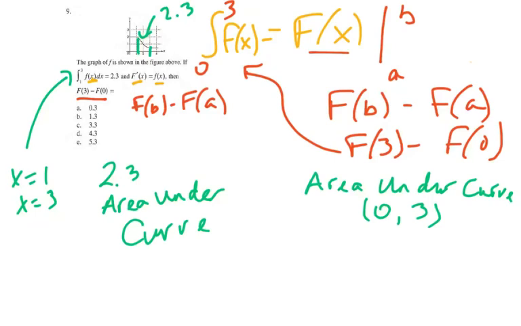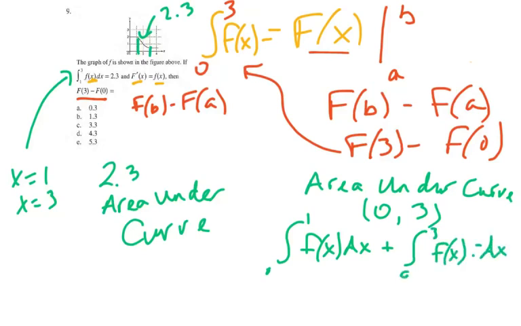So I need to find the area under the curve from 0 to 1, because I already know the area under the curve from 1 to 3 is 2.3. That was the information they gave us, so all I have to do now is find the area under the curve from 0 to 1.